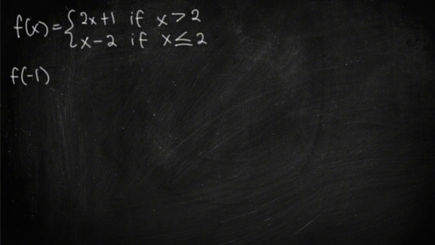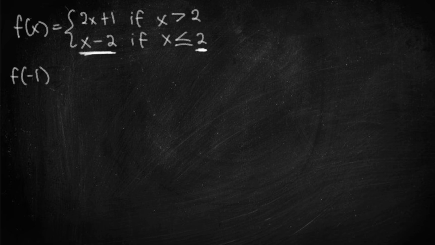So it is lesser than 2, right? It is lesser than 2 because it is a lesser value than 2. Negative 1, 0, 1, and 2. Negative 1 is lesser than 2. And because of that, we know that we will use this formula in evaluating this function.